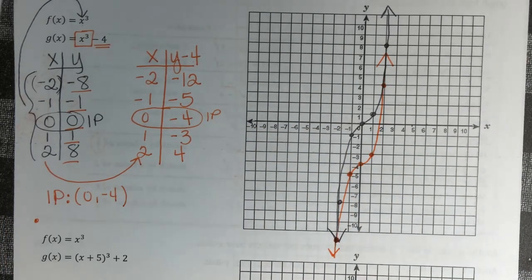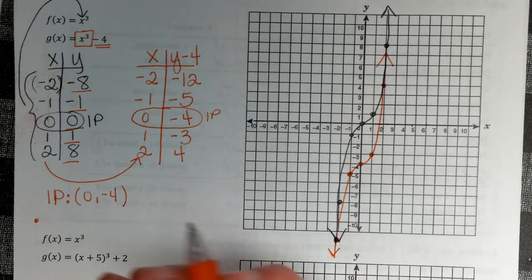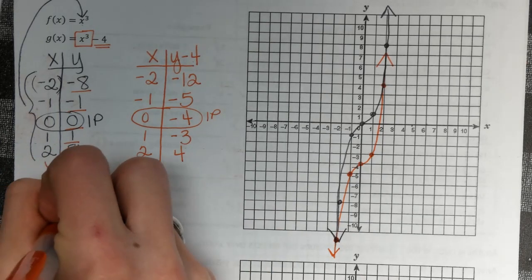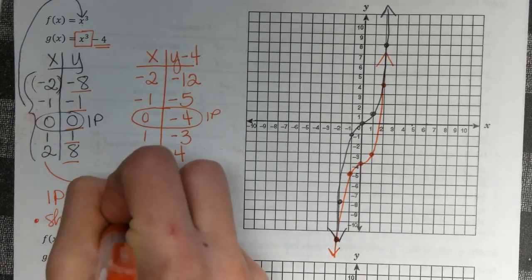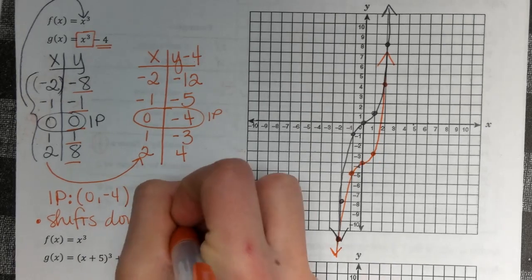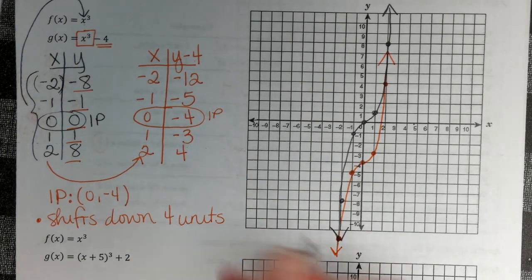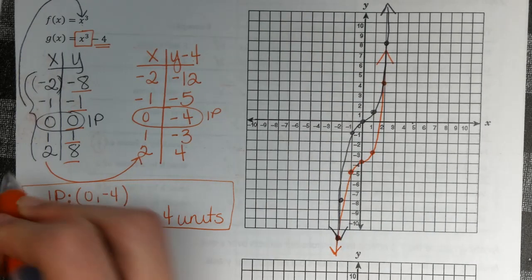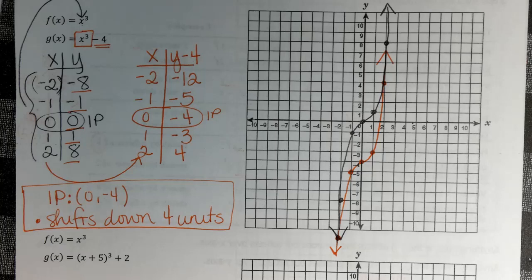So my instructions say I need to state that. And your inflection points only happen with odd functions. Okay? Now, my only transformation I had was what? Shifts down 4 units. Y'all good with that?